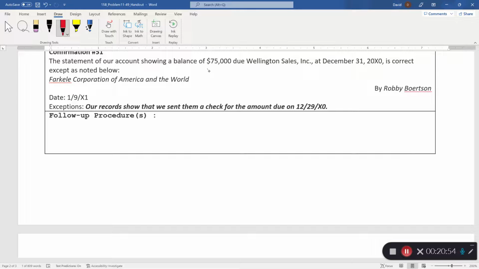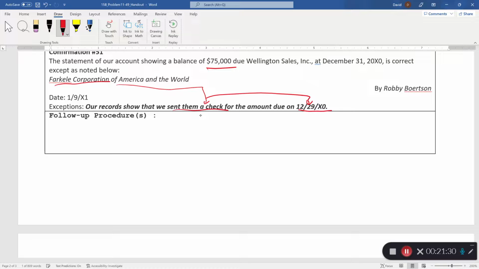We got the $75,000 balance to our client's customer, Farkil, I don't know how you say that. They say, oh, our records show that we sent them a check on 12/29. Okay. So in this Farkil Corporation's mind, that's good enough to wipe out the balance. But from our client's perspective, they have not received any check yet, so you're not going to anticipate a check being paid.